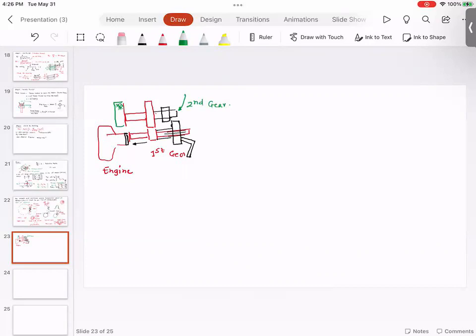As you can see, the whole thing is a spline shaft. You have splines on this shaft, and this gear can slide back and forth.